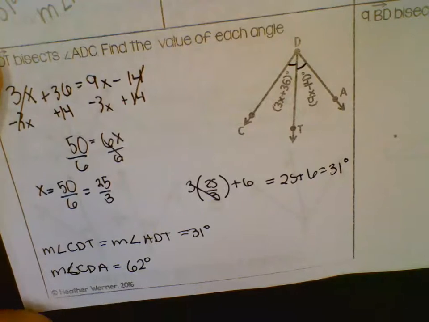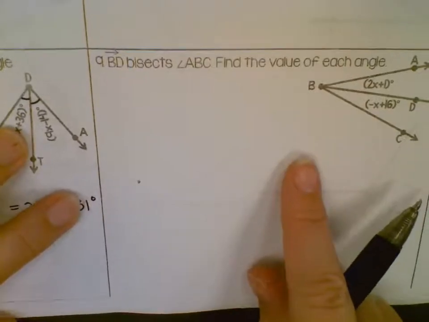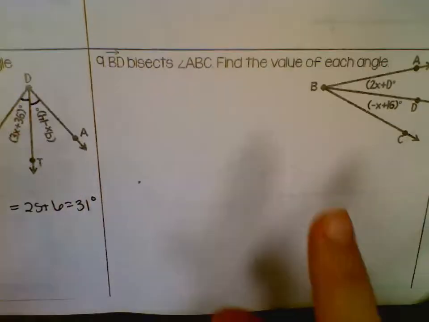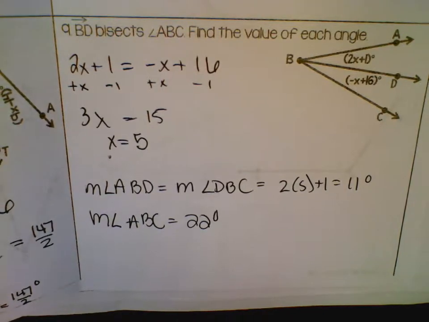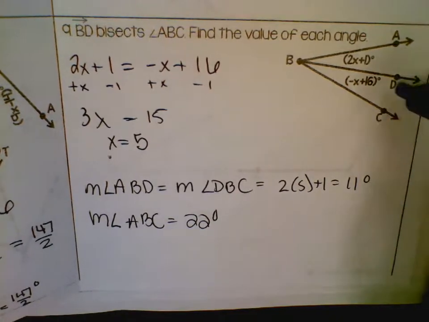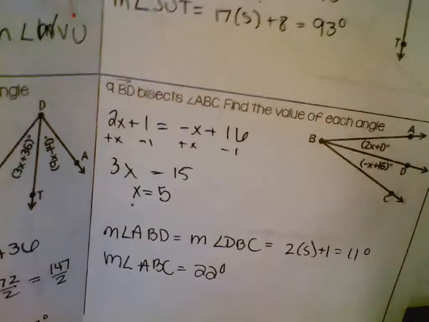Awesome. Okay, go ahead and pause and try this one. Okay, same idea as the one we just did. Okay, so here's what we got. We made those equal. So we ended up with x equaling 5. When we plugged it back in, each angle was 11 degrees. And so the whole thing was 22.